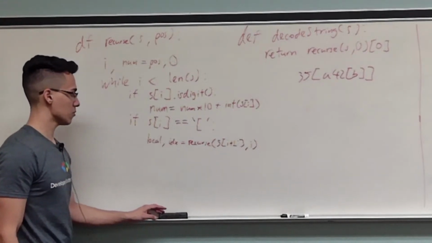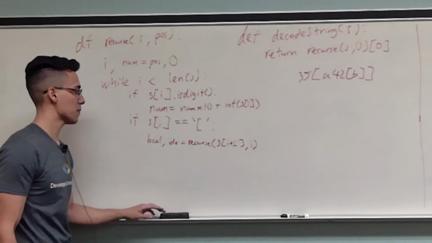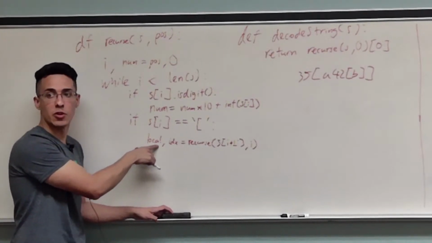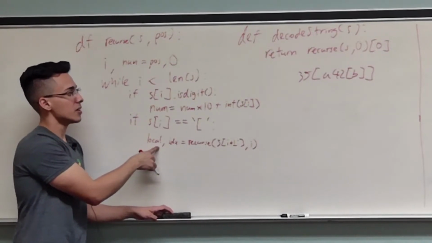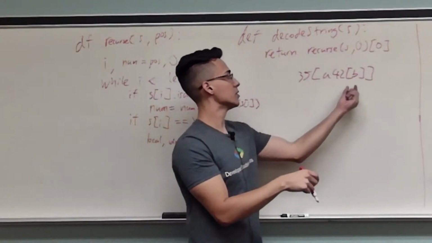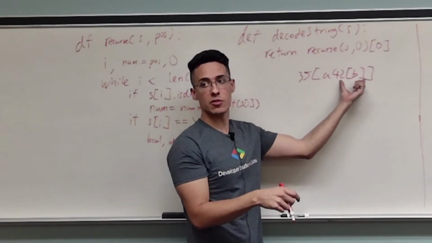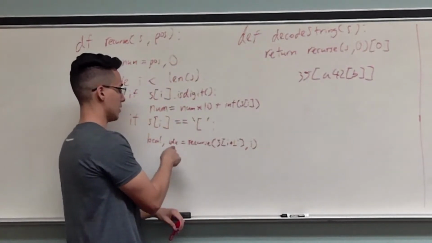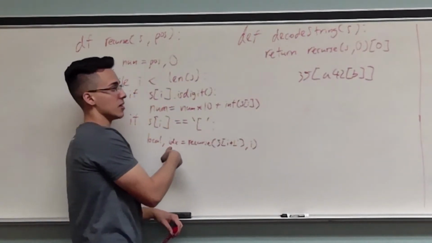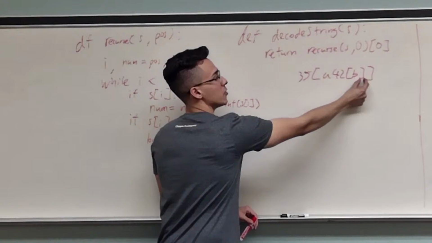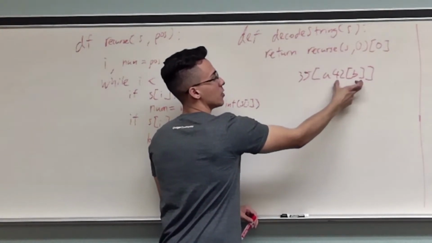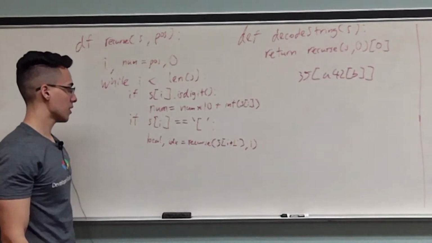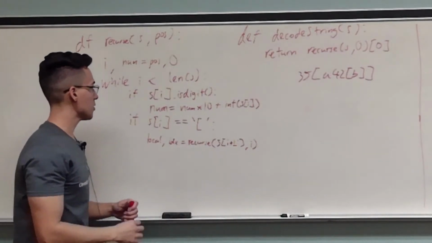Okay, so what I'm doing here, right? I am getting the recursive part. So this part gets the sub-solution of this, right? And this part, IDX, gets the index value of this bracket once we do all the work on 42 square bracket B. That's the point of that. And then we put it into here.